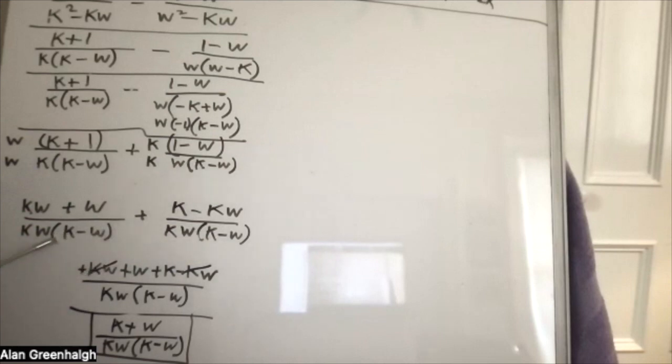That's this. This has to have everything the old denominators had. The next step was to multiply by what's missing in the old denominator to get to the new denominator. And I wound up with KW plus W plus K, and so on, and there it is.